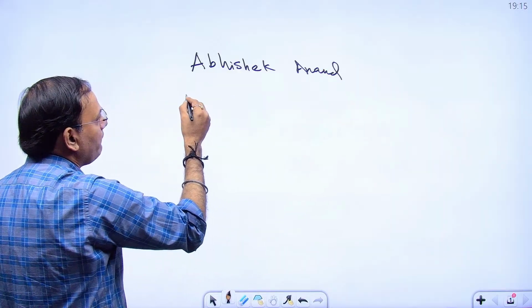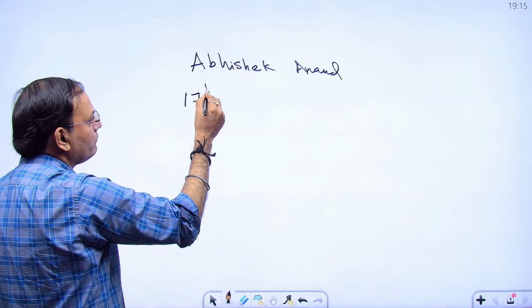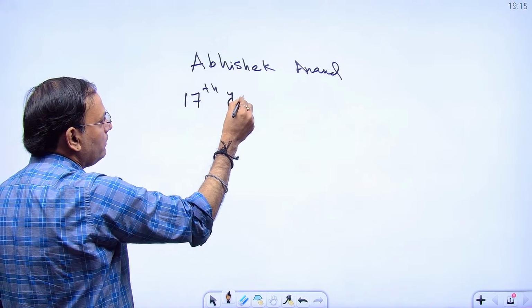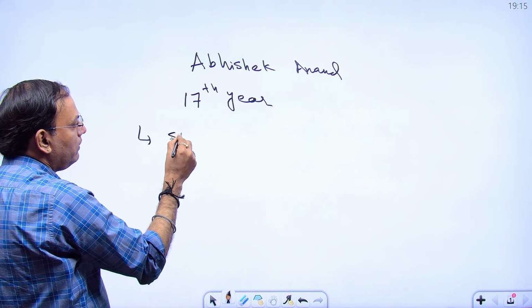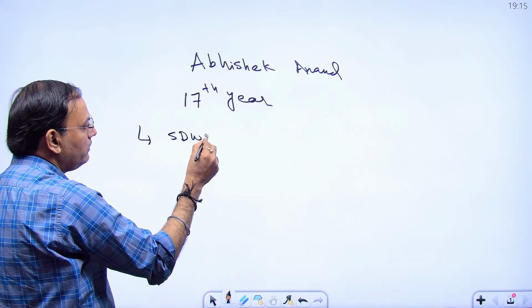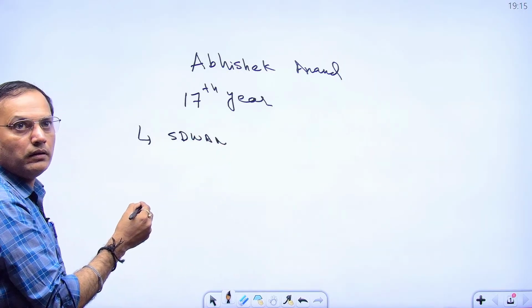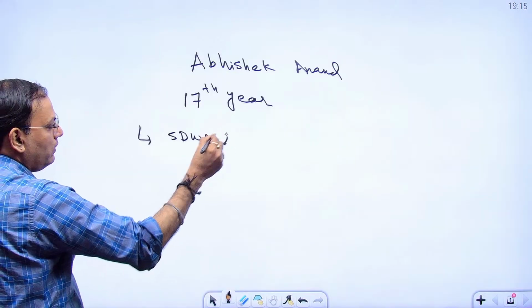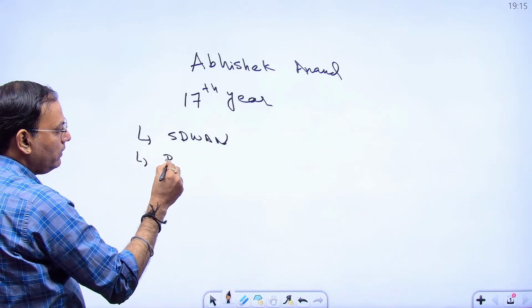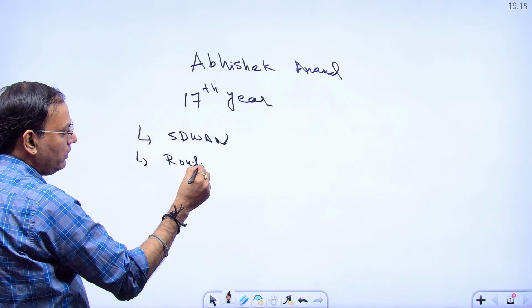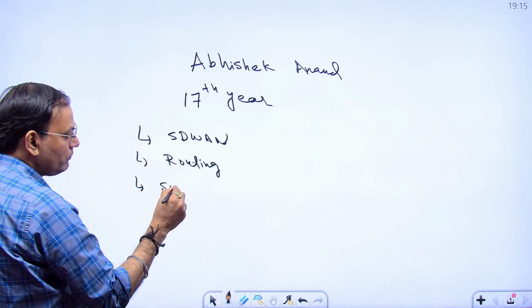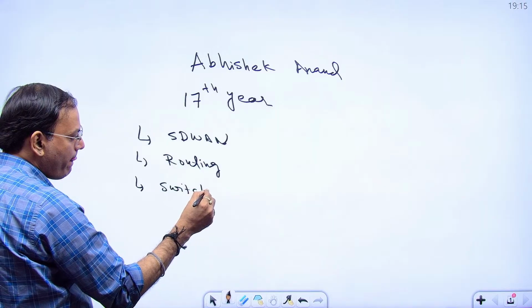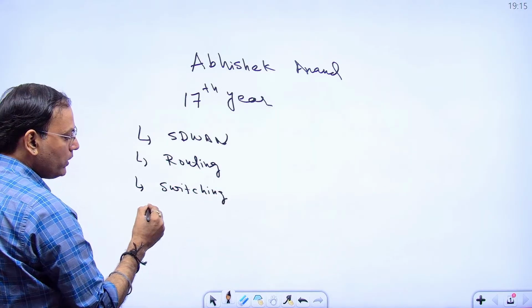Experience of around 17 years, mainly on SD-WAN, routing, switching, security.